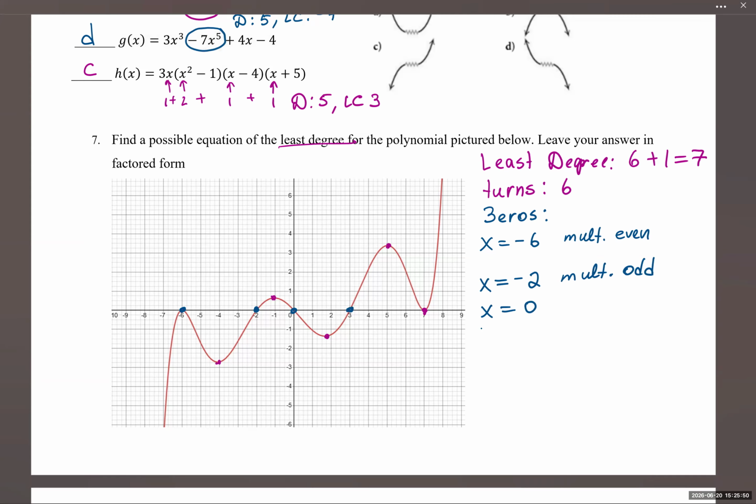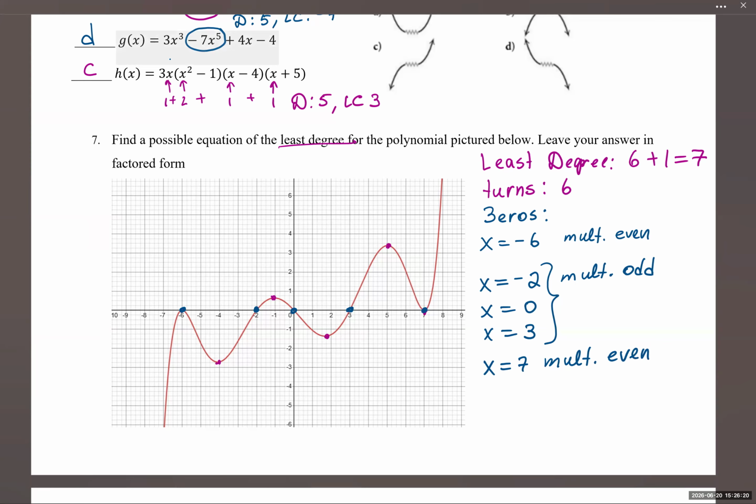Yep, the graph is crossing at x equals 3, so multiplicity is still odd. I'm going to combine these. And then at 7, the multiplicity has to be even again because it touches and then bounces back off of the axis like a rubber ball thrown against the floor. So multiplicity here is even again.